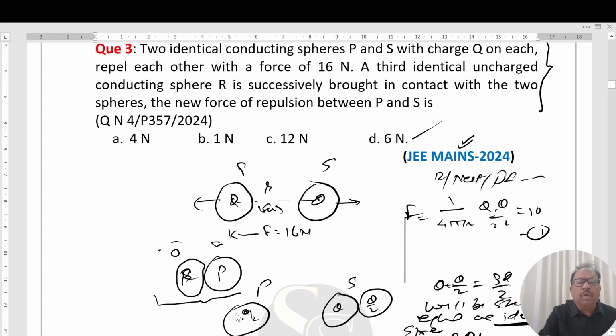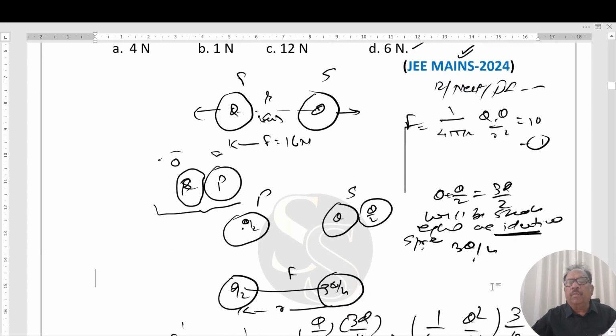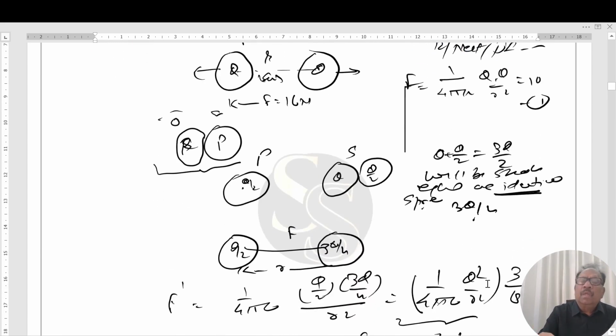Q by 2 इस पे आएगा, Q by 2 इस पे आएगा. Now, bring it here. This is Q, this is Q by 2. Q plus Q by 2, 3Q by 2. Equally shared, half कर दिया. Half करने के बाद, फिर इसके बीच force. Keeping the distance same, we have to find the new force acting between them. Simplify, we get the answer 6 Newton. D option is the correct.